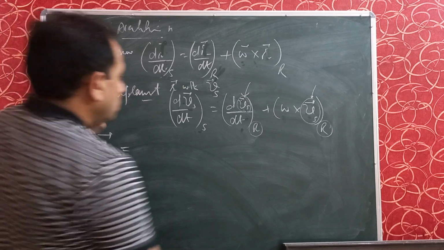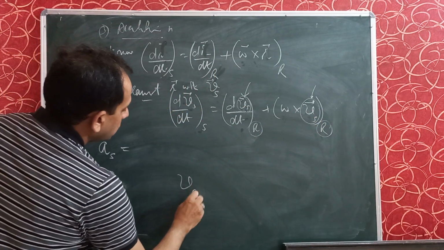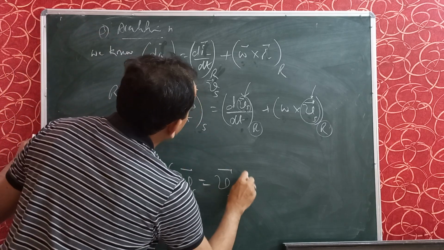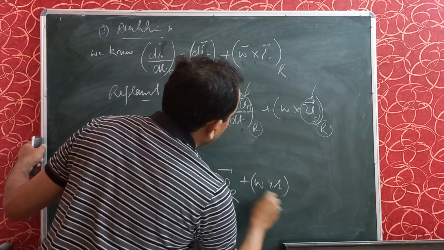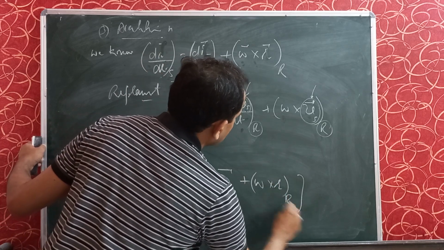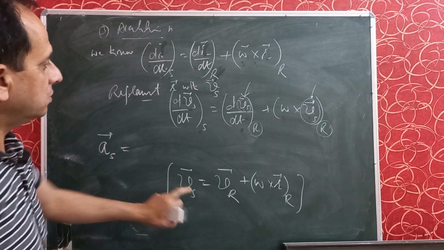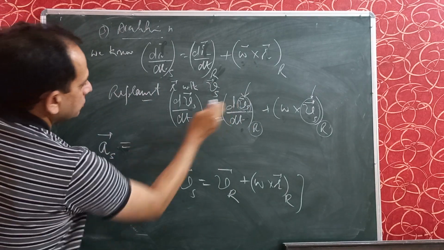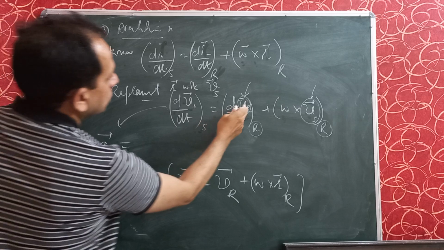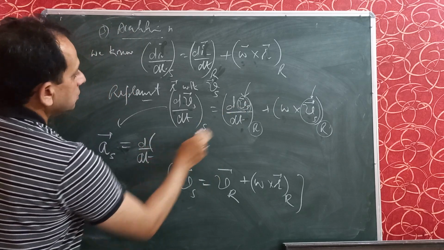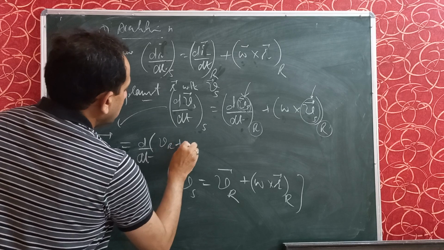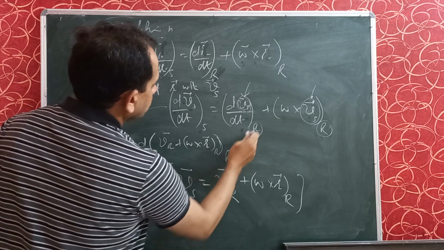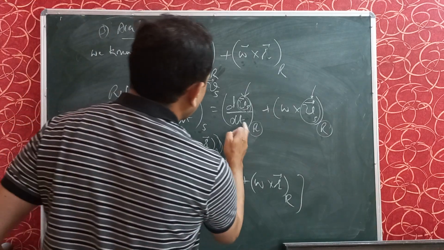So I will put Vs on the right hand side as Vr plus omega cross r. This is the value of Vs, so I will put it here. We get A equal to d/dt of Vs, that is Vr plus omega cross r, in the R frame, and outside is also the R frame.